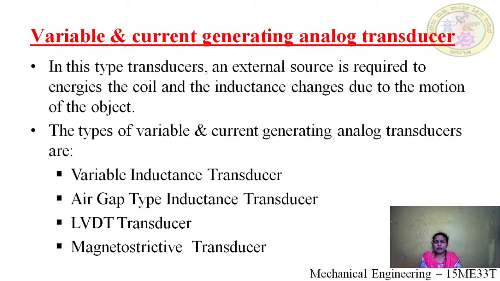The main difference between the self-generating and the variable and current generating analog transducer is that in the first case we do not require any external source for the conversion, but in the variable and current generating analog transducer we use an external power source to convert the change in the inductance into the voltage.